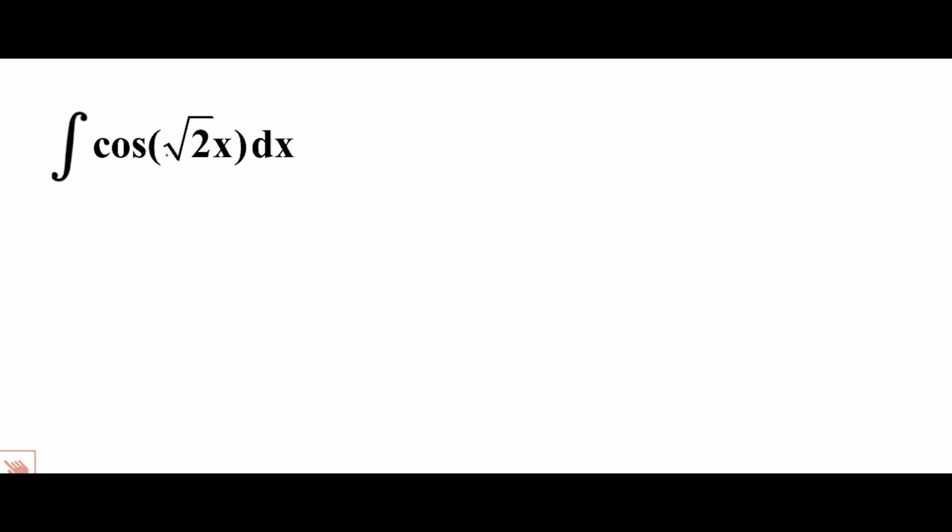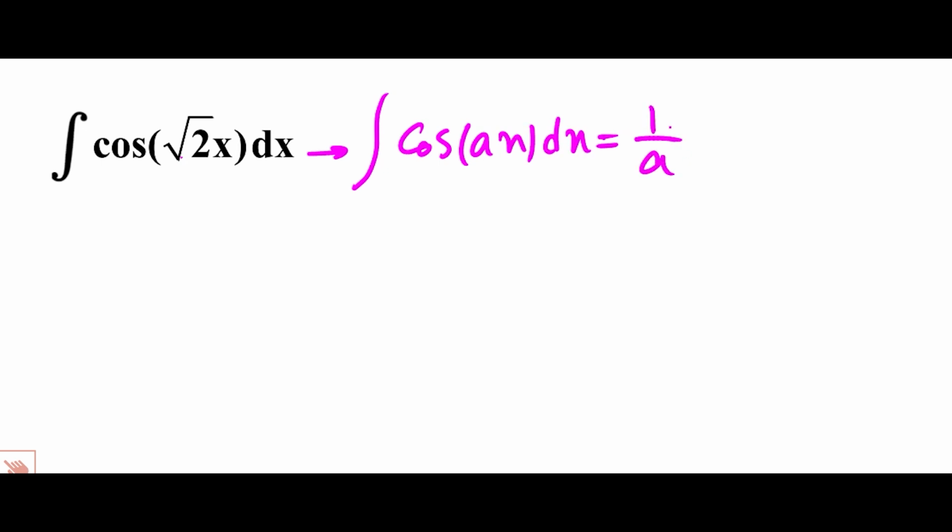Right? Number 2. The integral of cosine of the square root of 2x dx. As you know, the integral of cosine of ax dx equals 1 over a sine of ax plus c. So a equals the square root of 2.